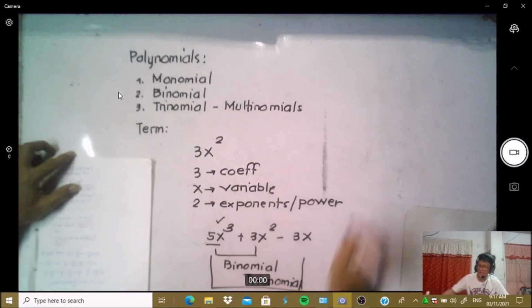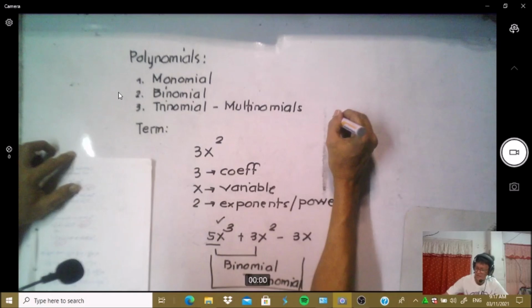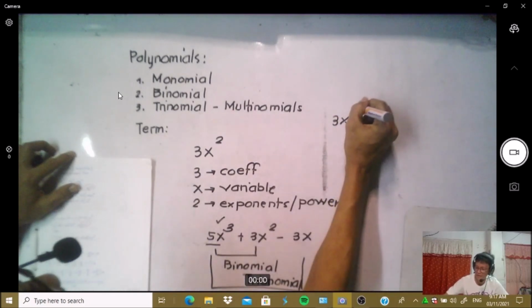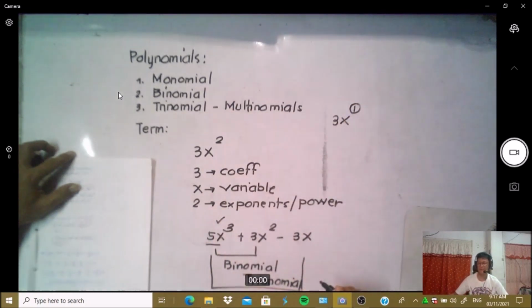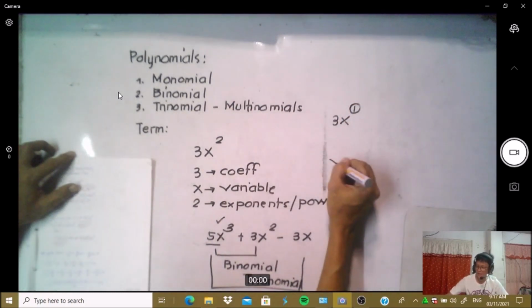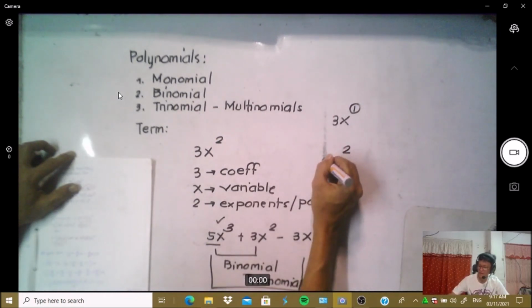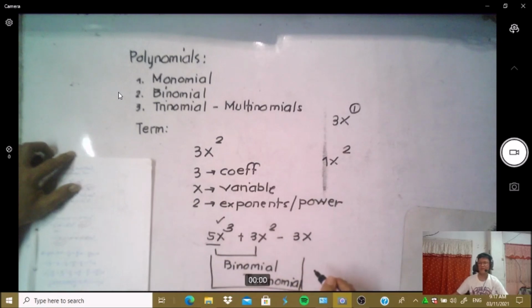Now, in this term 3x, it is understood that there is a power of 1 here, but we do not write the 1. Also, when we have x squared like that, there is actually a coefficient 1 here, but again, we do not write 1 in that term. Okay.